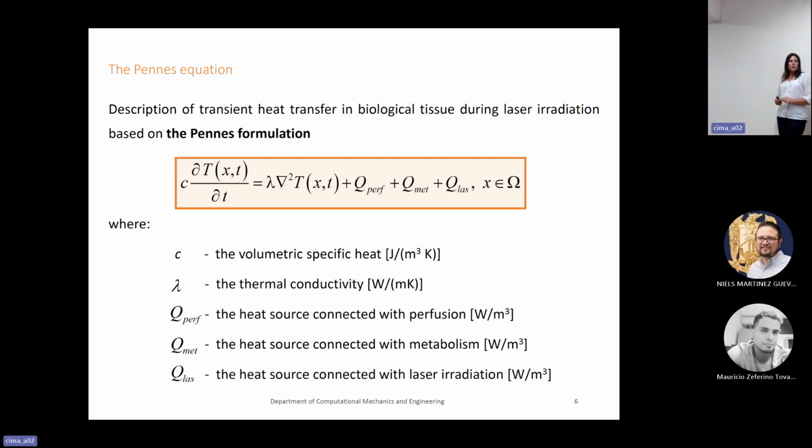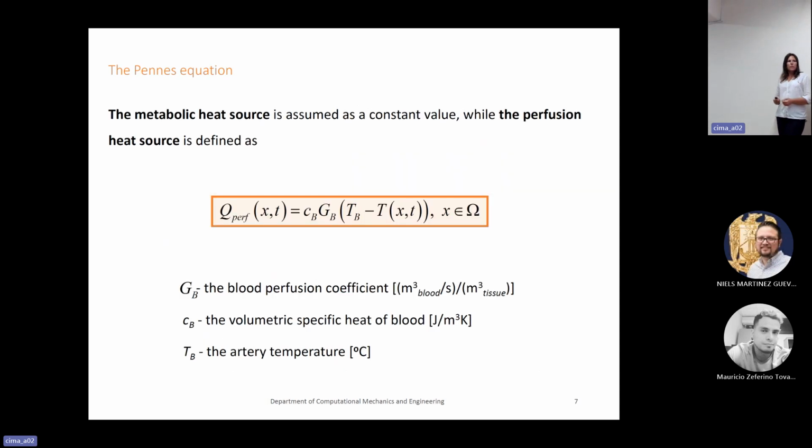Generally, the heat source connected with metabolism is a constant value, but there exist some models where we can analyze it as a function, but normally in most scientific papers we can find a constant value. And the heat source connected with perfusion, we define as a function that depends on the temperature of the skin tissue, and we have two more parameters: the blood perfusion and the volumetric specific heat of blood.